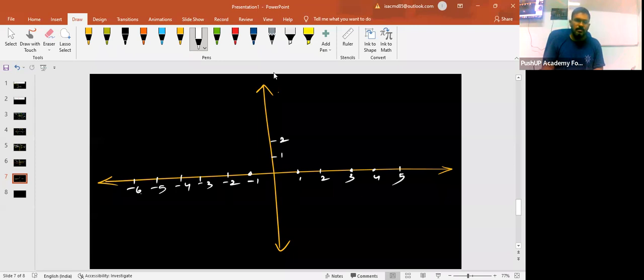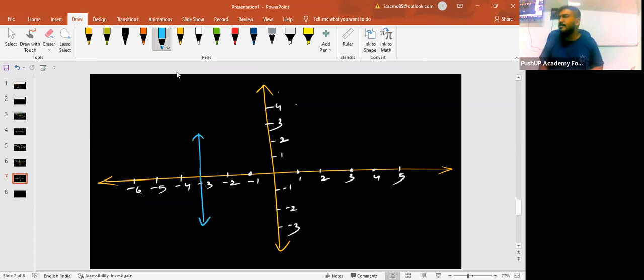Here I have -1, -2, -3, and so on. Let me draw the line over here. This is your line. So what should be the equation of this blue colored line, Milan? X is equal to -3.